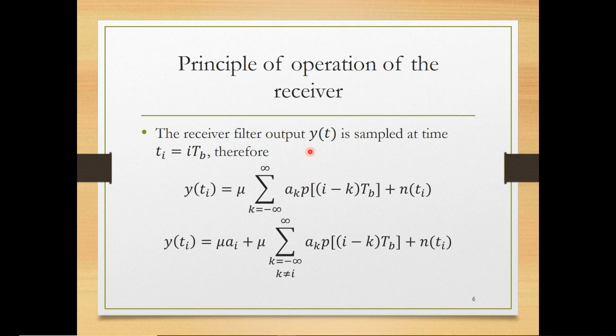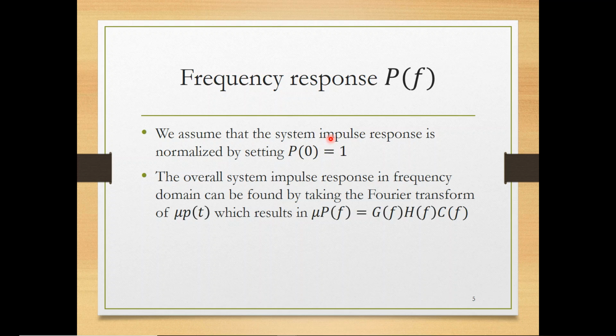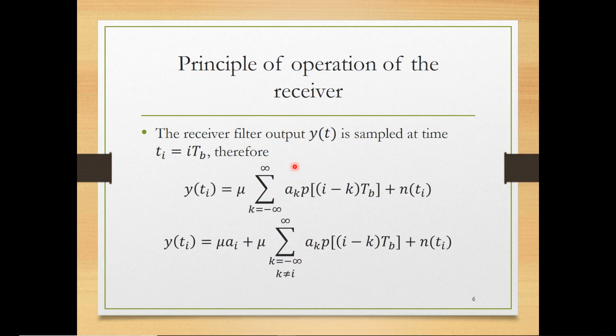Now, for the receive filter output y of t, you need to find the system model of your signal in terms of equations and formulas. The receive filter output is sampled at time t equal to i T_b. Each T_b, you take a sample, and we usually prefer to take that sample at the peak of the pulse, the point where it doesn't have interference from the previous pulses or coming pulses.